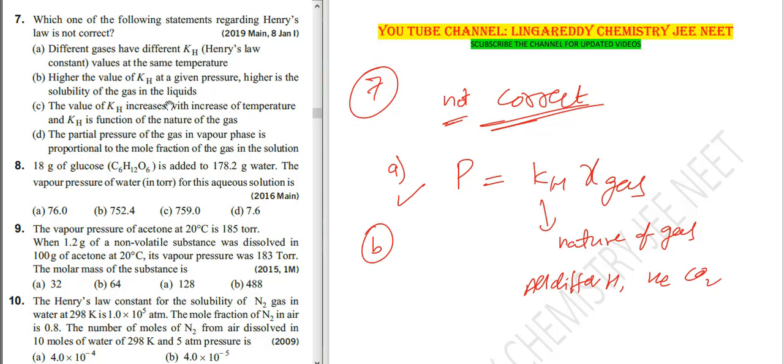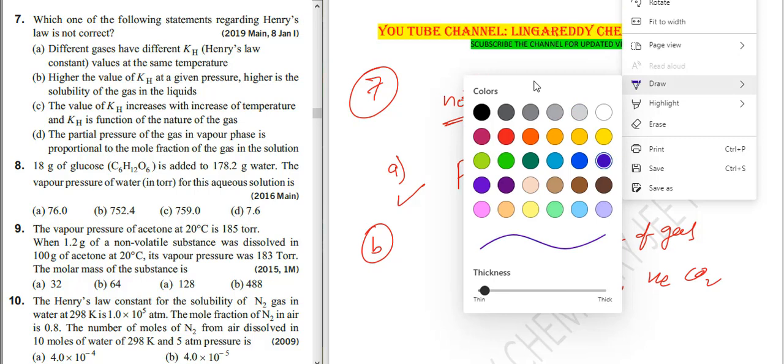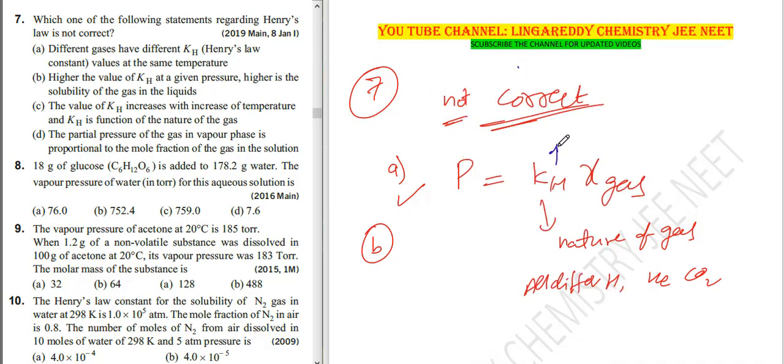B: higher the value of kH at a given pressure, higher is the solubility. See, when the kH value is higher, the X value will be less. X is directly proportional to solubility.